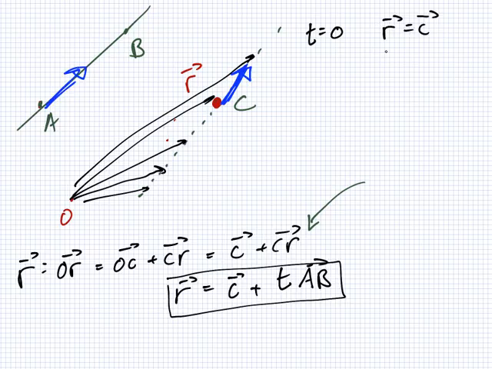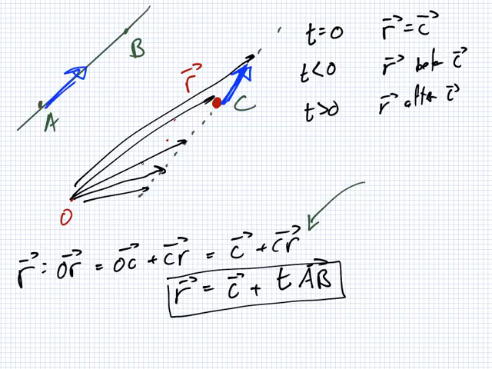If t is negative, it's before C, and if it's positive, it will be after C. So in other words, all the vectors here, the t is negative, and all the ones here, the t is positive, and here the t is 0. So once again, the t runs from minus infinity to infinity.